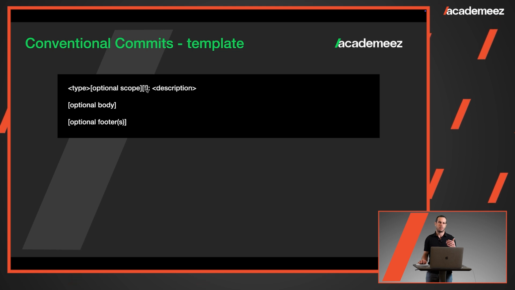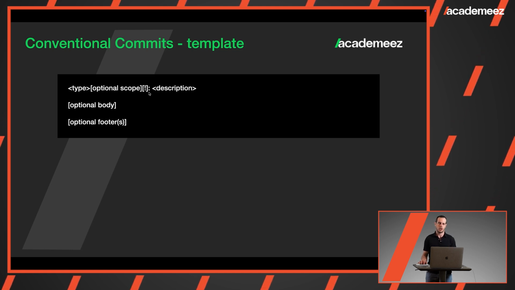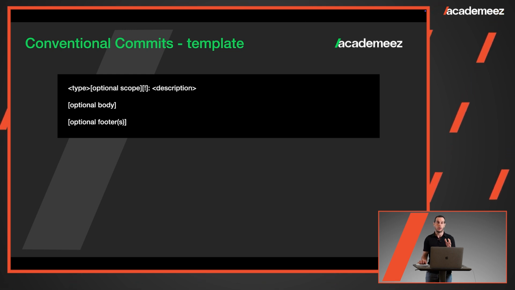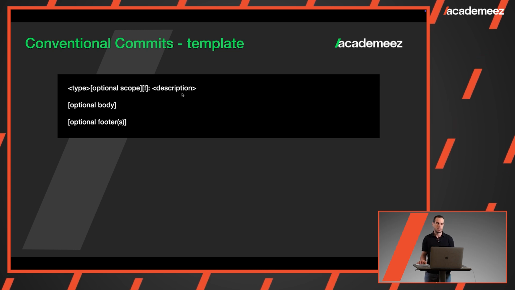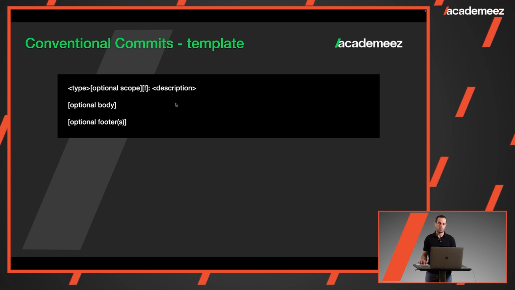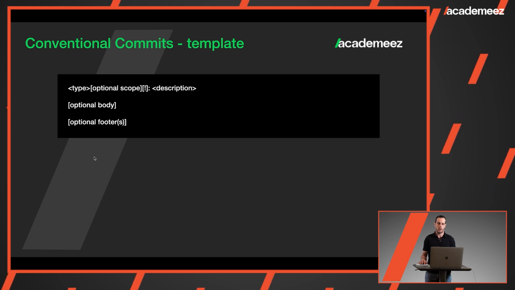This is exactly what makes your commit pop out. The exclamation point marks a breaking change, so it's really easy to spot commits that might cause a bug or change critical sections in the code. The description is required. So for now the type is required, the description is required, the body is optional, and the footers are optional as well.